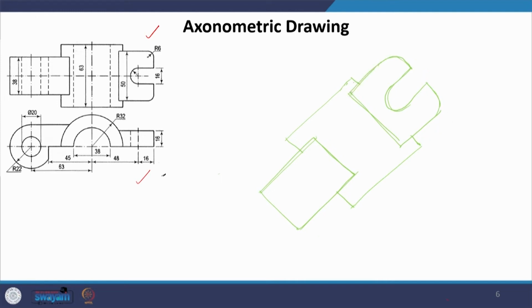Okay. And now I am only going to draw the heights of this one. So, now if you see this, I will also draw the dotted lines here. Whatever is in the plan, I am just drawing that.